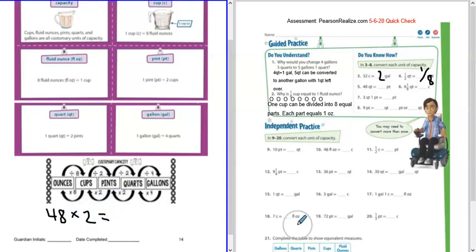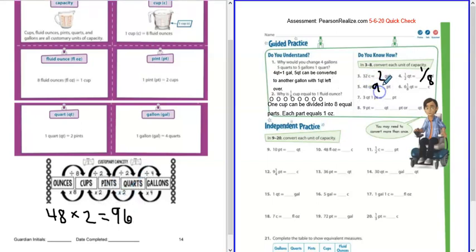Go ahead and stack and do that standard algorithm, 48 times 2. If you're not ready, go ahead and pause. 48 times 2 is going to give me 96. And we're going from quarts to pints, and all we do is multiply by 2, which means we have 96 pints.